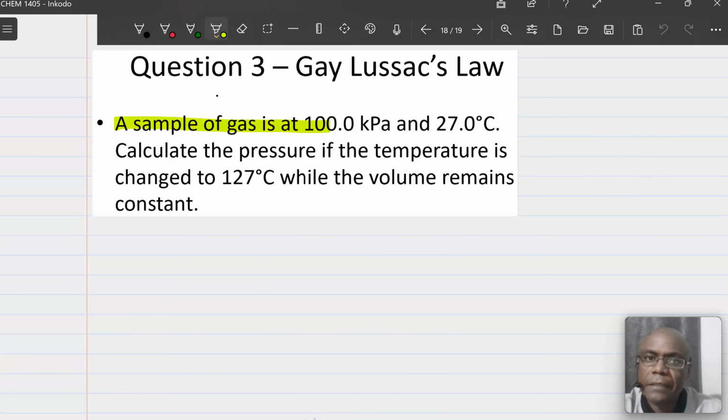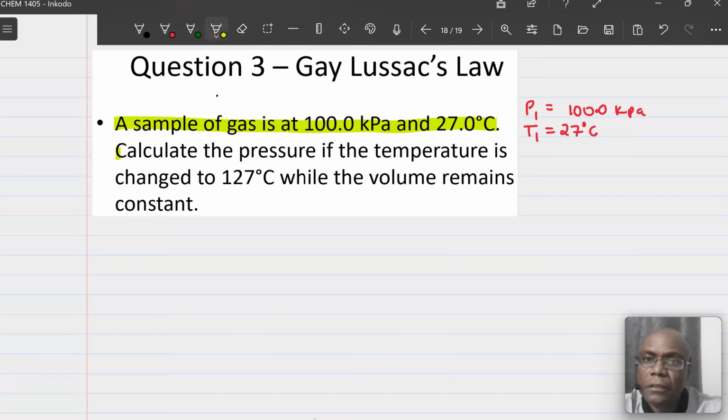A sample of gas is at 100 kilopascals and 27 degrees Celsius. So I'm given P1, initial pressure is 100 kilopascals, and then initial temperature I'm given 27 degrees.